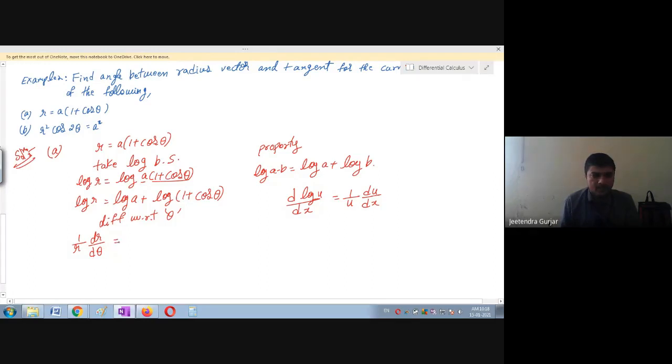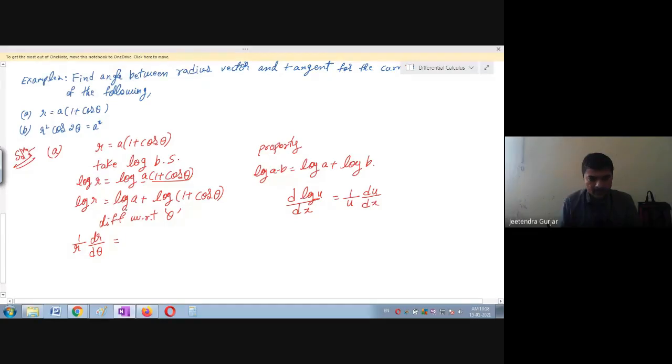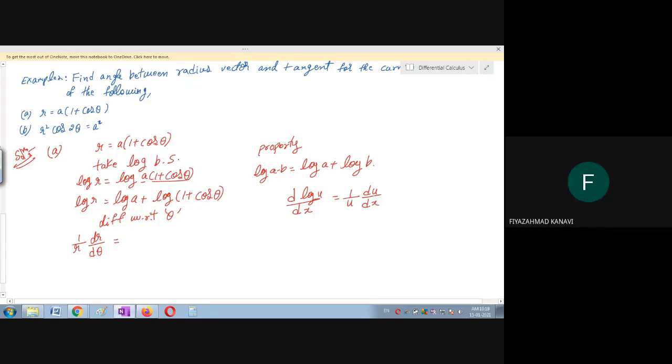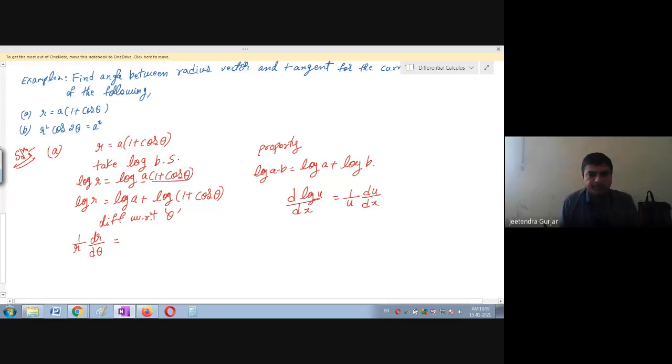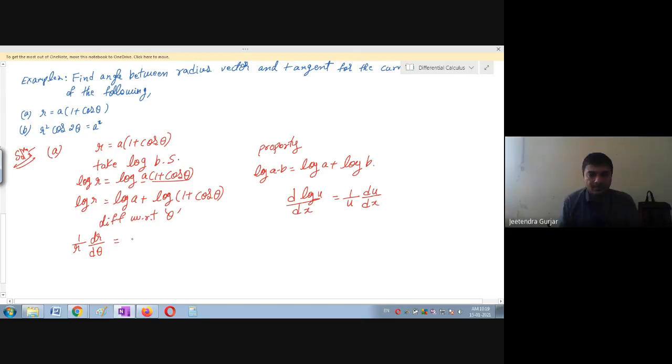So this is equal to, can anybody tell me what is the differentiation of log a? Yes, a is constant, so log a will be constant. What is the differentiation of a constant?